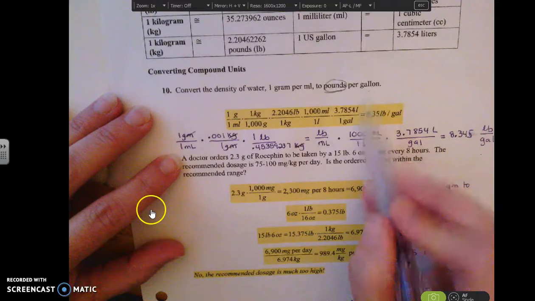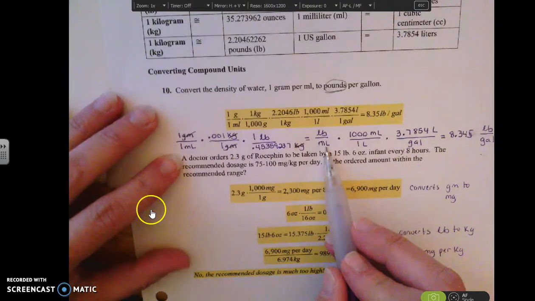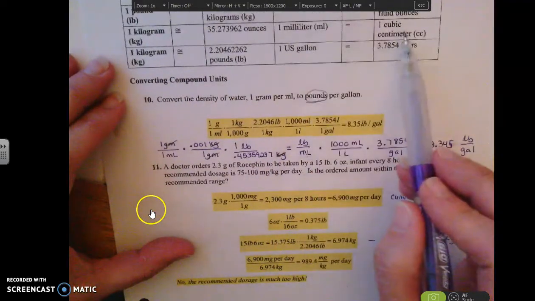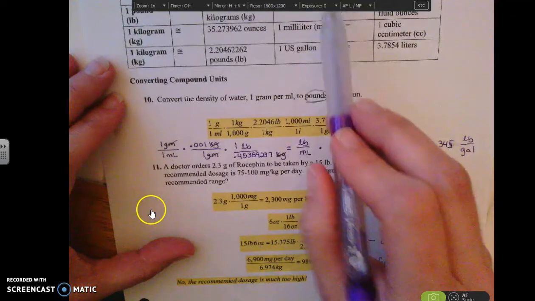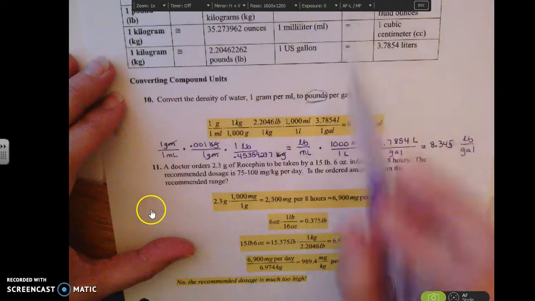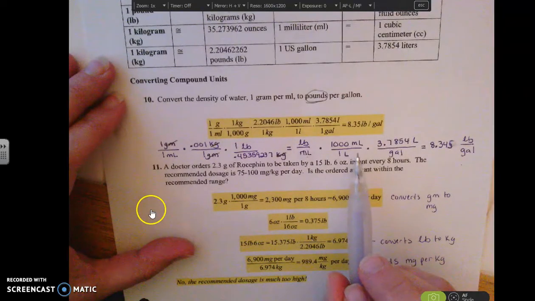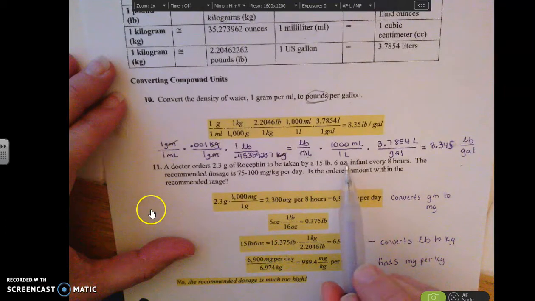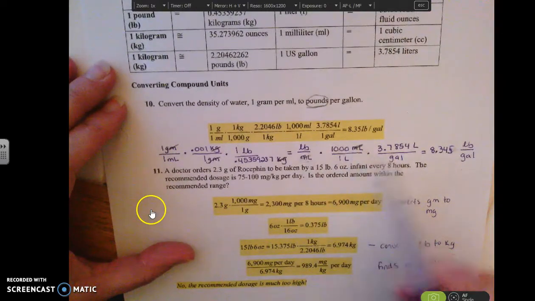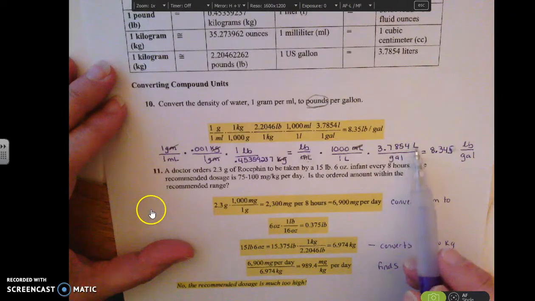Now I've got to get gallons. I've got to convert milliliters to gallons. So up here again, 1 milliliter equals, whoops, that's not the one I want. Actually, this isn't on here. 1 liter is 1,000 milliliters. So notice that I wrote that next, so my milliliters will cancel out. And then 3.7854 liters equals 1 gallon, and that's up here.